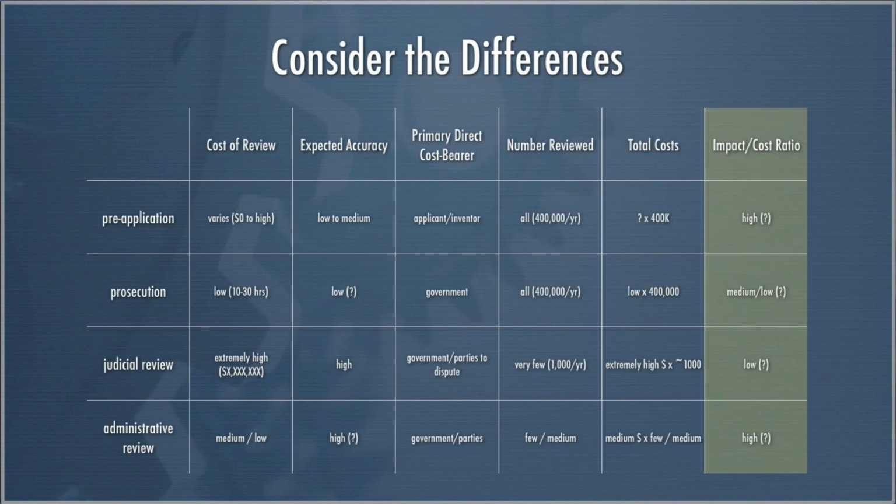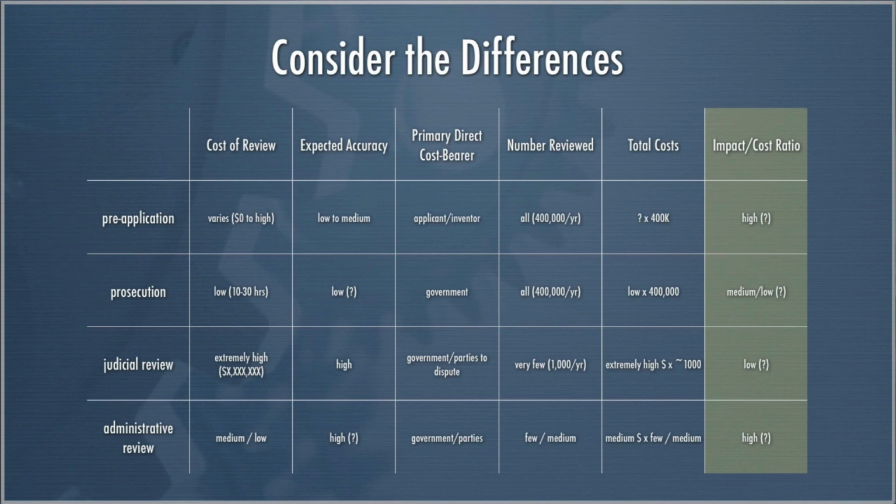And that's what this class session is about, trying to figure out whether we can do something like that. And so you can think about this in terms of the impact cost ratio. I think the impact cost ratio of pre-application is pretty high. Why? Well, because the cost can be quite low, and although the accuracy is probably fairly low, it could be very good because a patentee has a lot of information about whether his or her patent is valid.